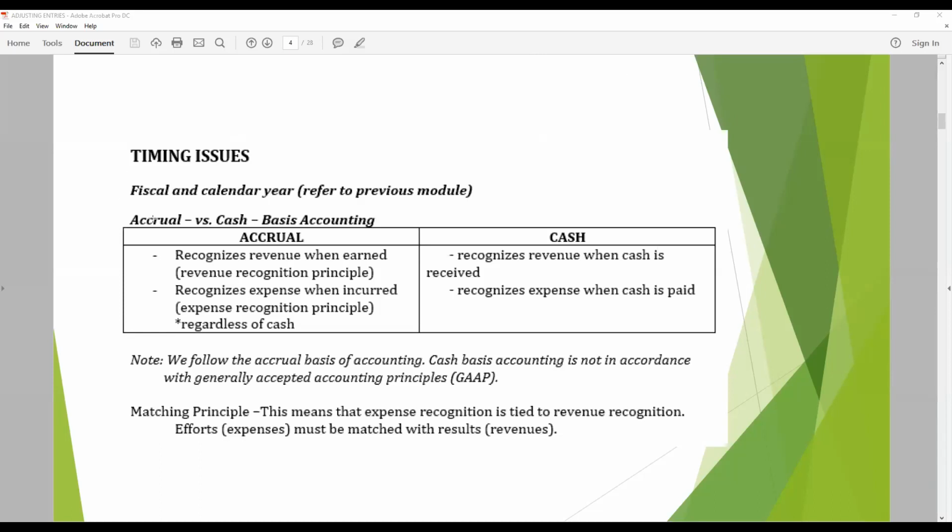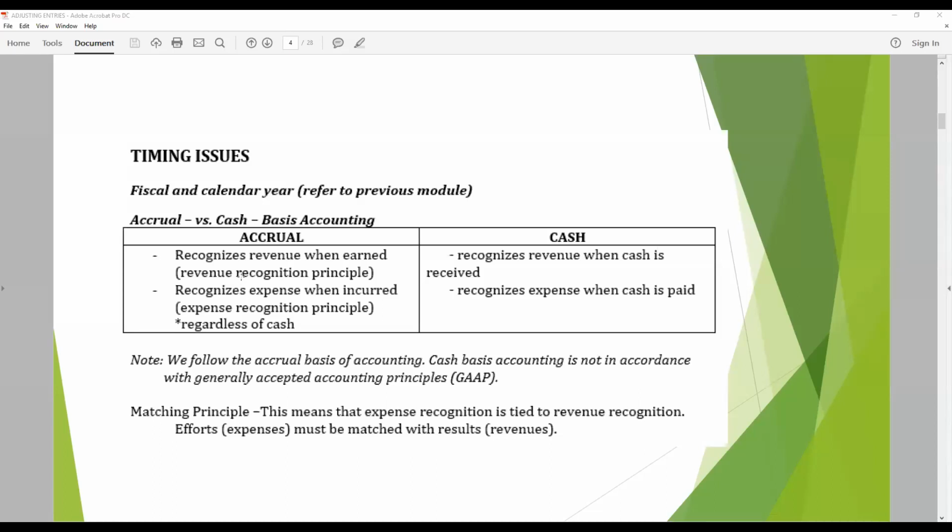Okay? So, we will now discuss about accrual versus cash basis of accounting. So, the purpose of adjusting entries is to reflect the books using accrual basis of accounting instead of cash basis of accounting.